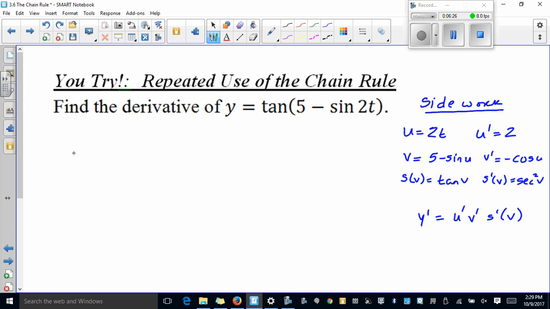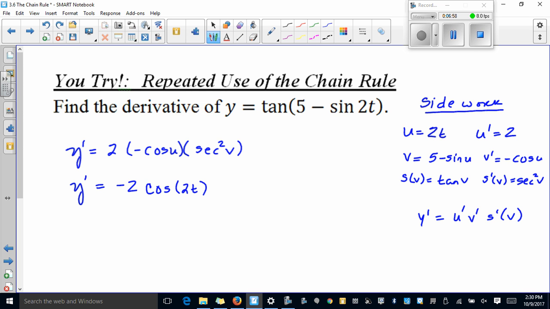So y prime equals 2 times negative cosine of u times secant squared of v. Now we just have to undo all of our substitutions. I'll put these two together so I get negative 2 cosine of u, and u is 2t, times secant squared of v.